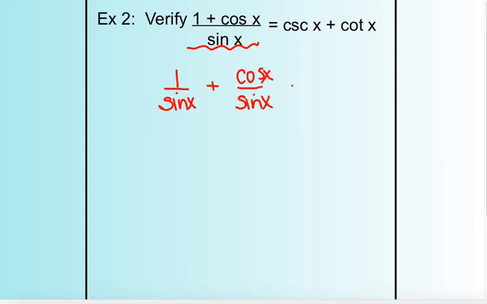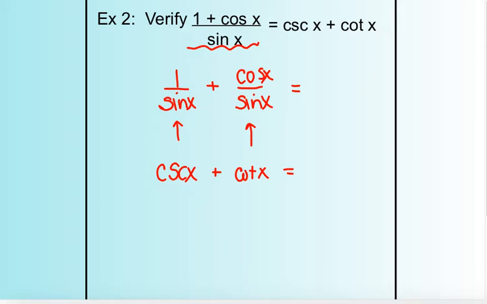What I want as a result is the right-hand side. 1 over the sine of x is the reciprocal identity, so it can be replaced with the cosecant of x. Cosine of x over the sine of x is a quotient identity with the cotangent of x.